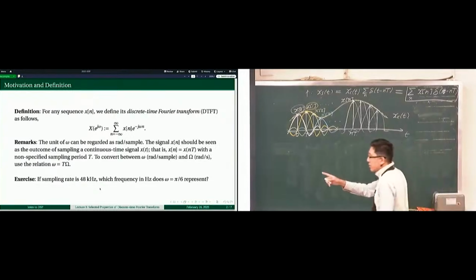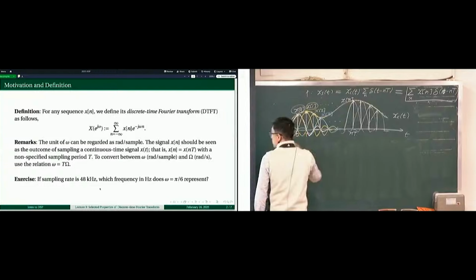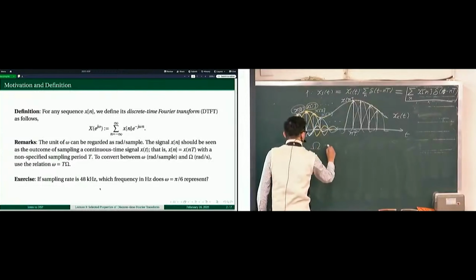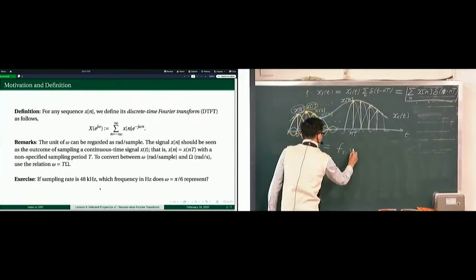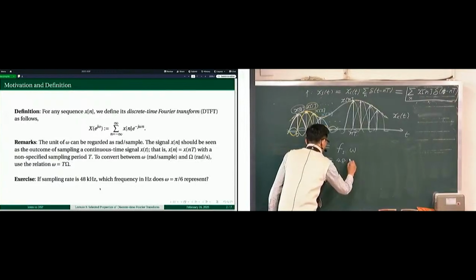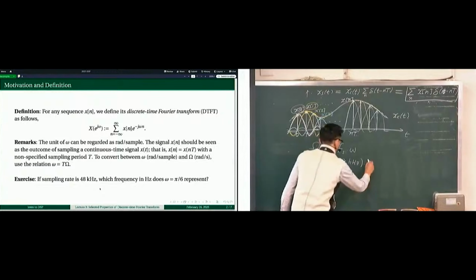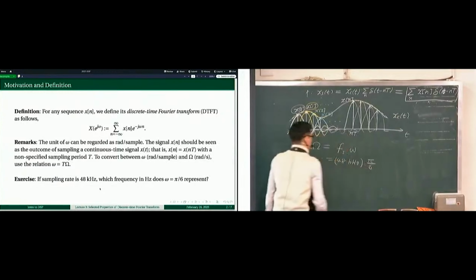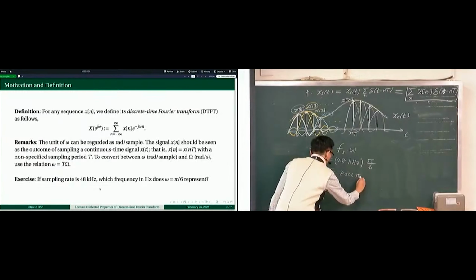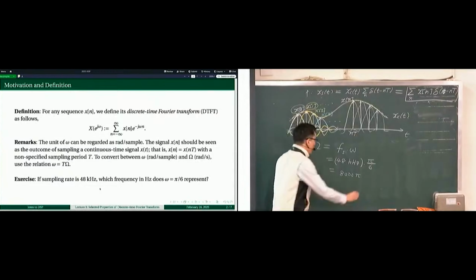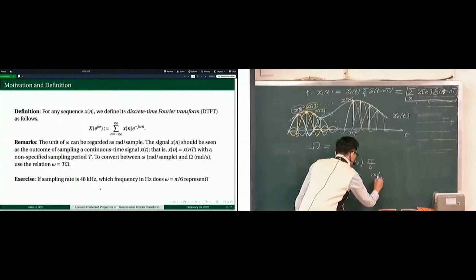Okay, all right, so just simply to check your answer, I say big omega is sampling frequency times small omega, right? Yeah. So sampling frequency is 48 kilohertz. Now times small omega, which is pi divided by 6. So big omega should be 8,000 pi, okay, 8,000 pi in radians per second.